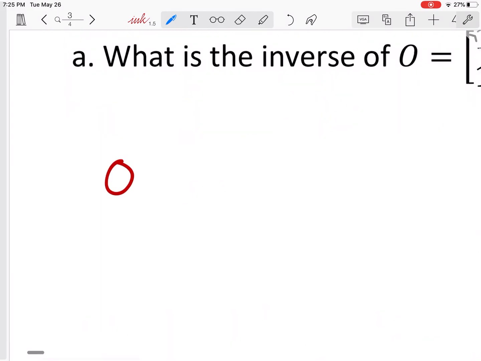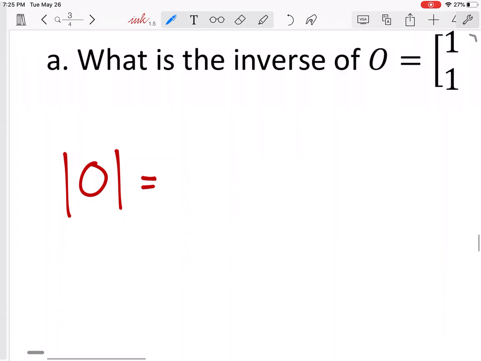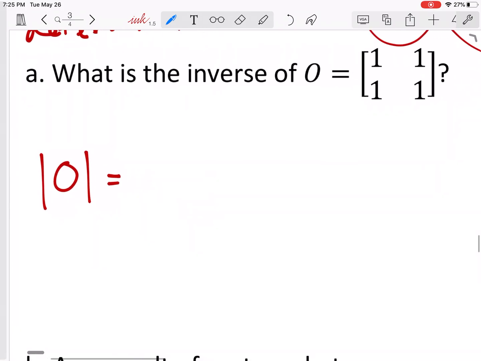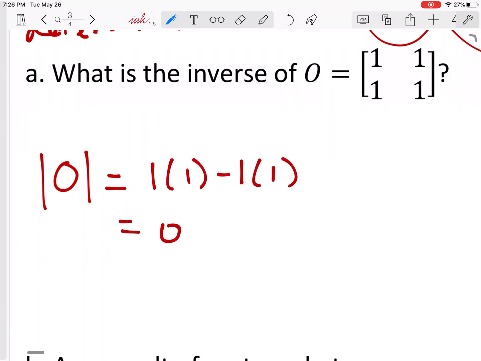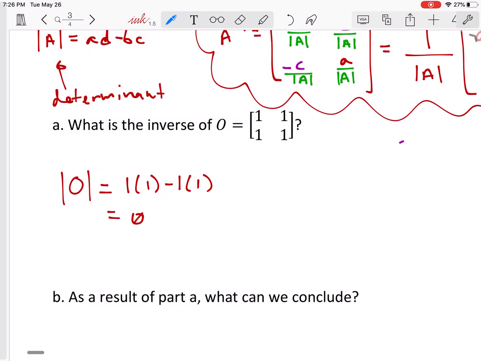Alright, for me, first thing we need to know is the determinant of O. That's not a 0, that's O. Well, it'll be 1 times 1 minus 1 times 1, which is obviously going to be 0. Put a slash through it to distinguish between that. So the determinant's 0.